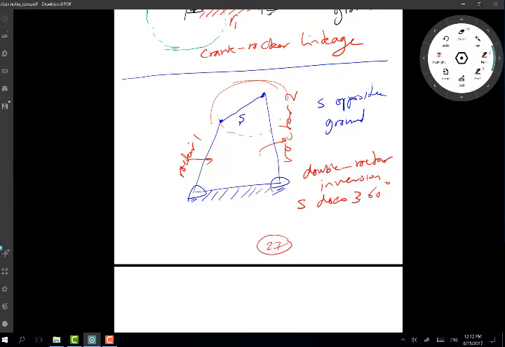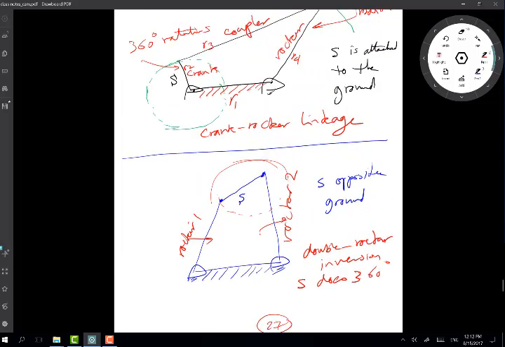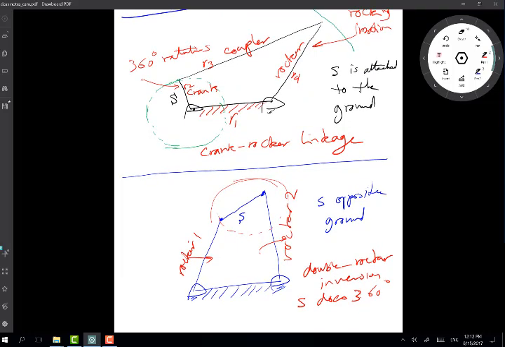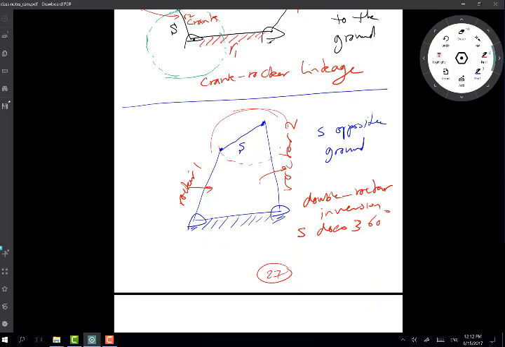The other links around it will be able to rock from right to left. While it's doing that, at some point in time they will intersect, and then you'll be able to see that S is doing 360, it doesn't have a specific pivot anymore like it had before. That's why I didn't draw a circle around it, because it'd be quite complex to do. So I decided just to leave it and just explain to you. It will be the only one that will do 360.